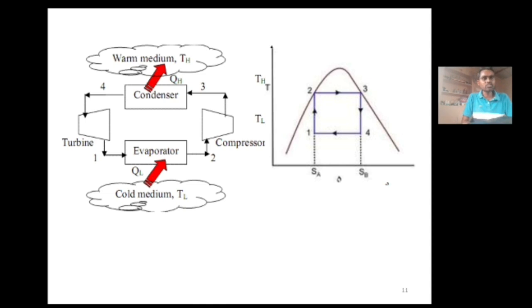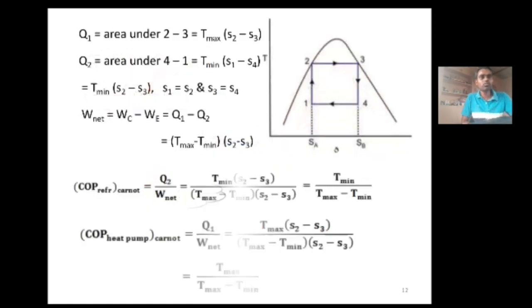Here I have changed 1, 2, 3, 4, but the graph remains the same. 4 to 1 is obviously heat induction, 1 to 2 is compression, 2 to 3 is heat rejection again, and 3 to 4 is obviously the last process. Now analyzing this graph, analyzing the main part, that is the reversed Carnot cycle engine.